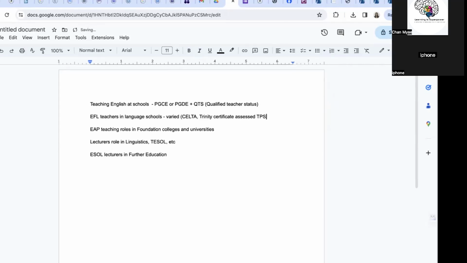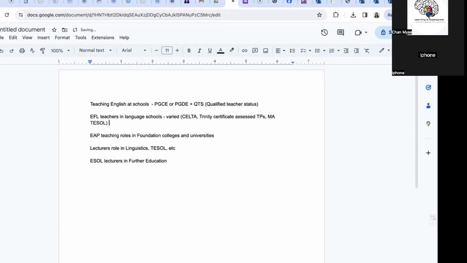Assessed TPs. So you'll need assessed TPs for that. That's why they may not accept the other certificates. So you will need these or an MA TESOL, things like that. For EAP roles, it's similar to the EFL role.